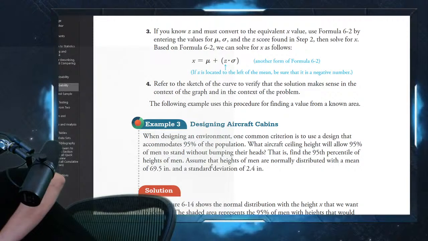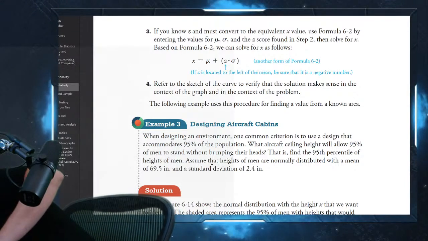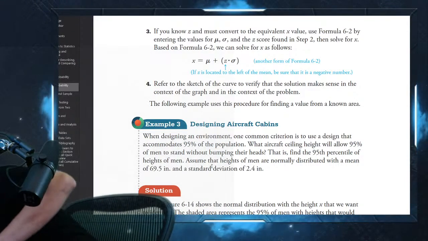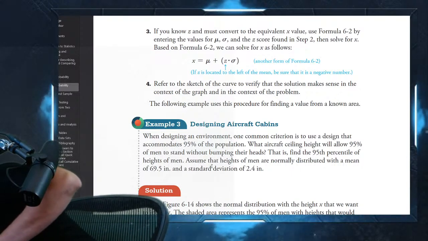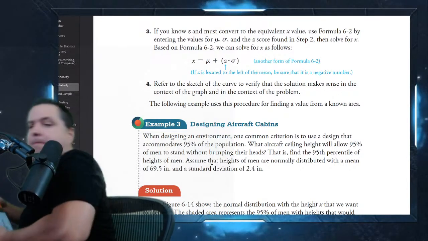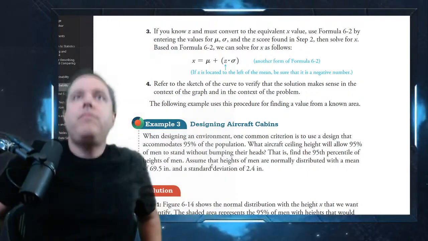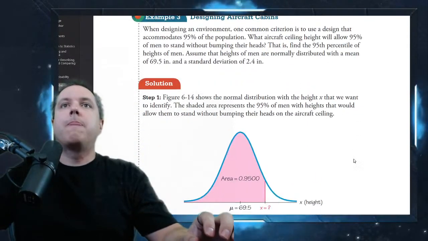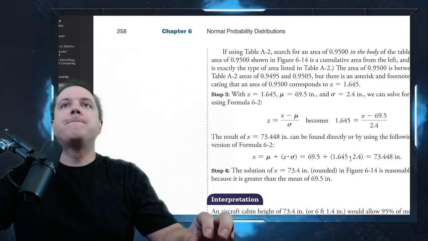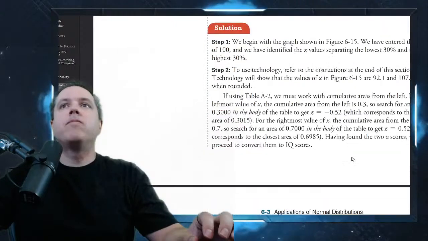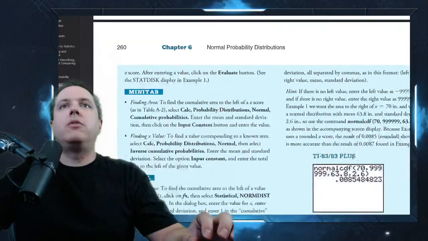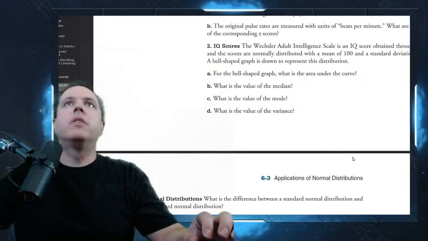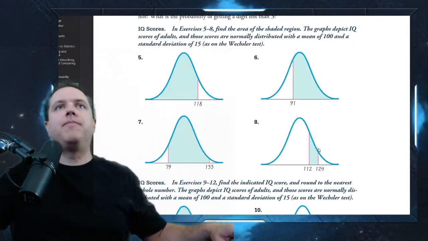Where did my book go? Let's see. Thought there was something I wanted to do next. Okay, good.